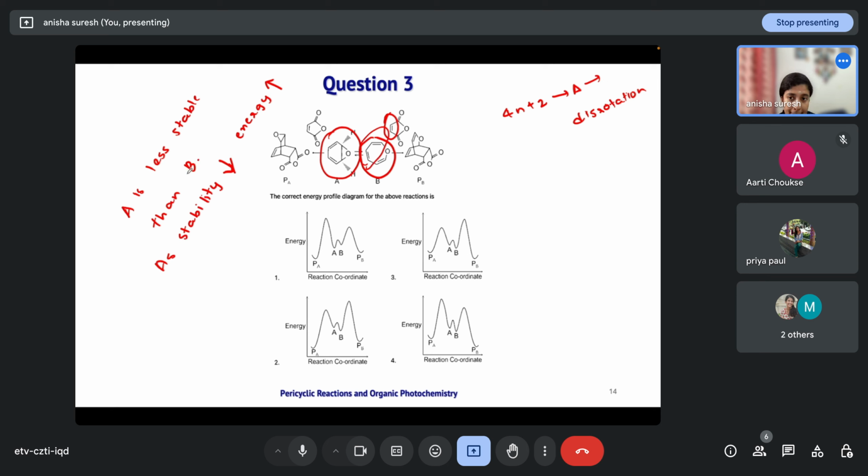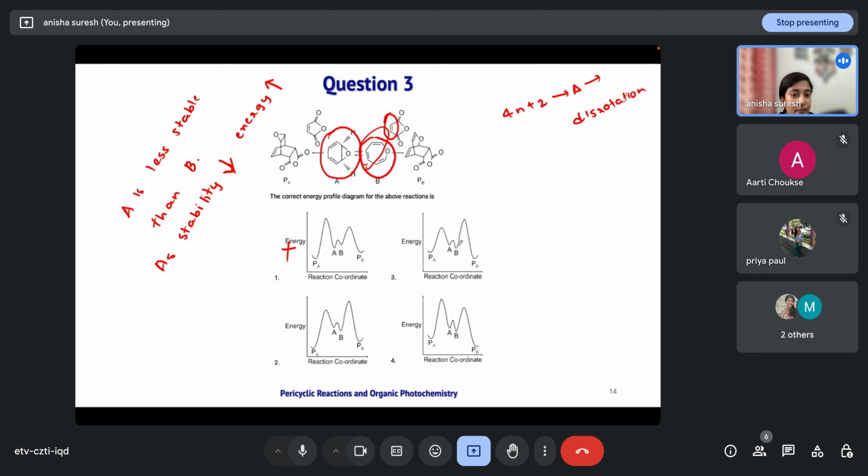Fine. So maybe the answer will be option 3. So this we can rule out, and in all other cases the energy of B is lesser than that of A. And when we consider this Diels-Alder reaction, this reaction will be slower. It requires more activation energy compared to that of this reaction.